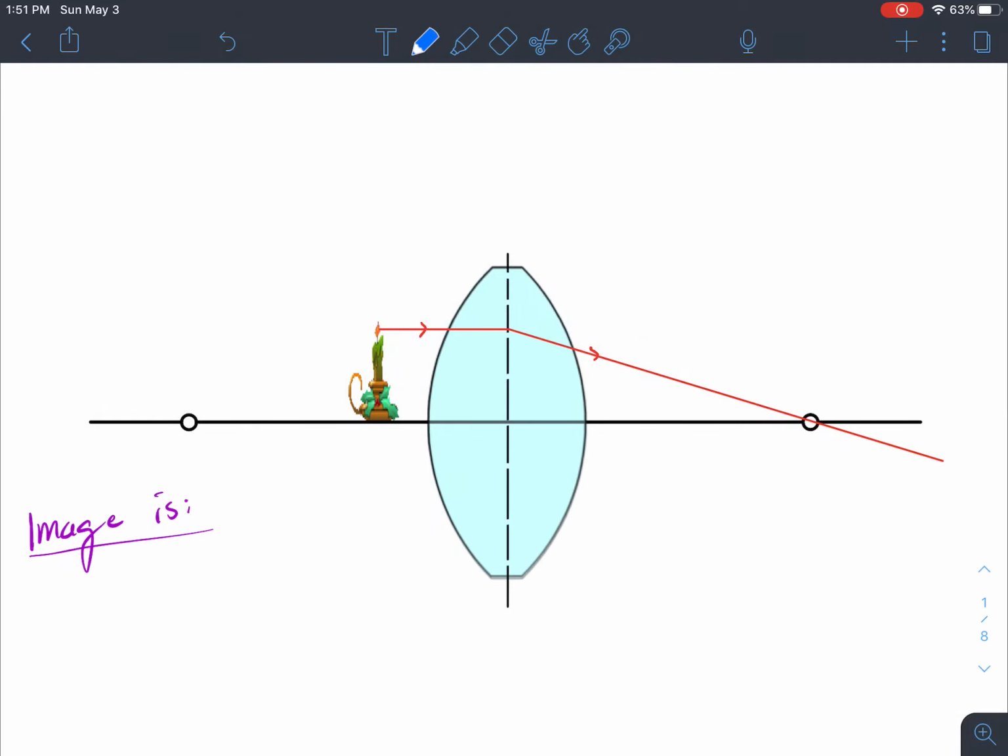Now in this example, we don't actually have light coming from the focus because it's behind the candle, but we do have light that's coming from that angle. So I'm actually going to be using a straight edge here. I'm using a notepad. If you wanted to use a book or something that's not going to damage your iPad screen, here is the light ray. That's the light ray coming from the candle.